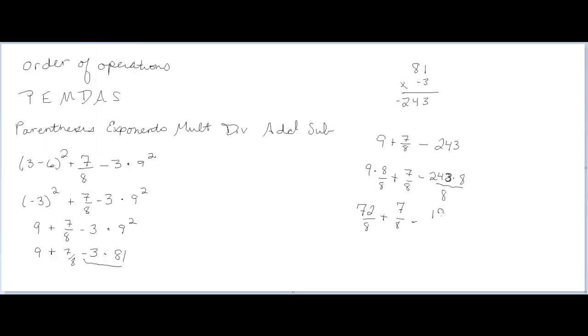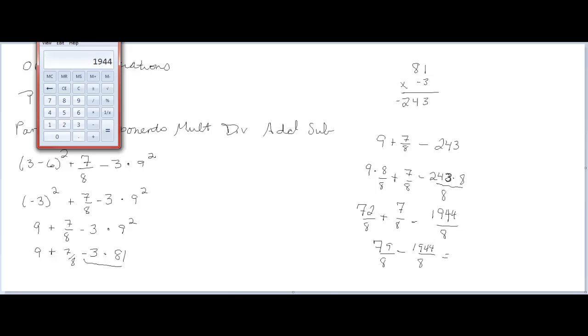So 1,944 over 8. 72 plus 7 is 79/8 minus 1,944 divided by 8. And again, we're going to cheat and use the calculator. 79 minus 1,944, and that is negative 1,865.